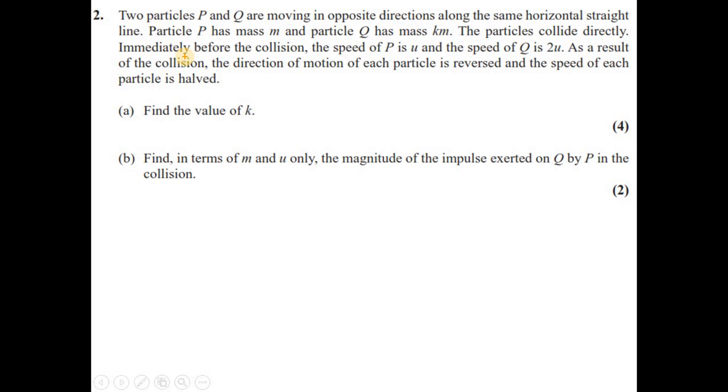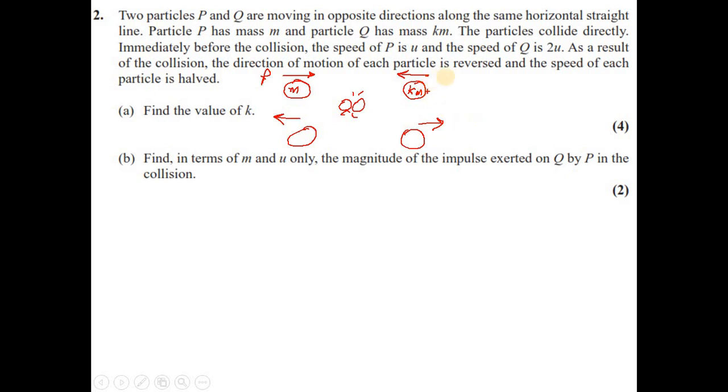So it's again a straightforward condition for law of conservation of momentum. You have two particles. This is particle P of mass m moving in that direction, and another particle Q with mass km moving in the opposite direction, and then they collide, and after collision they separate and move in opposite directions.